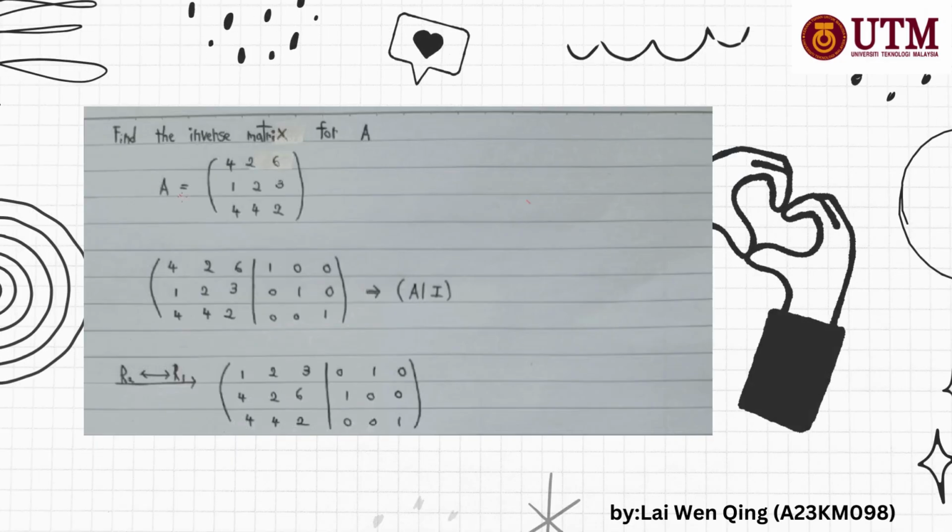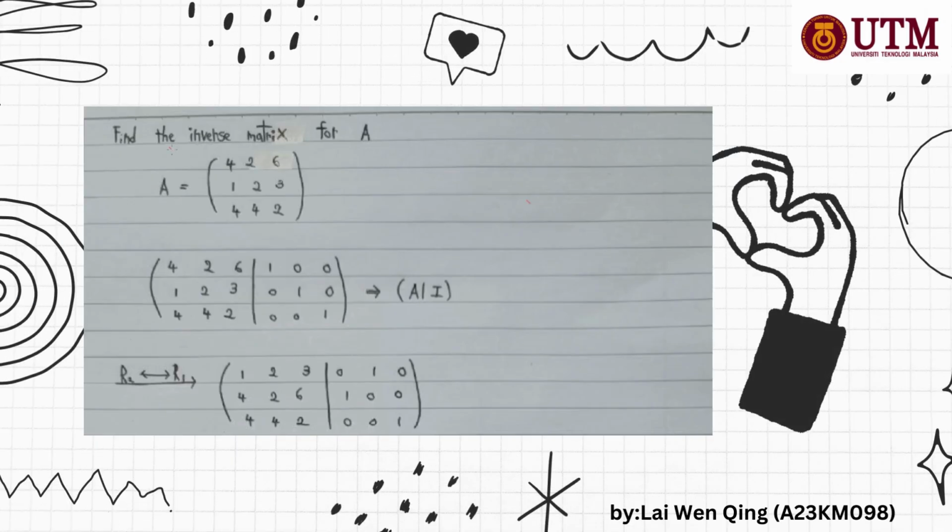Hello everyone, my name is Lai Wenqing. Today I would like to talk about how to find the inverse matrix of A by using ERO, which is elementary row operation.